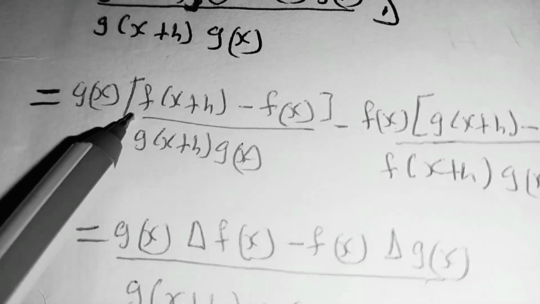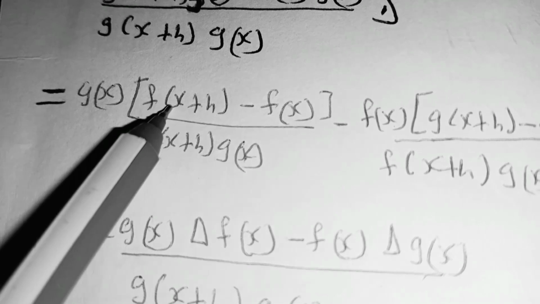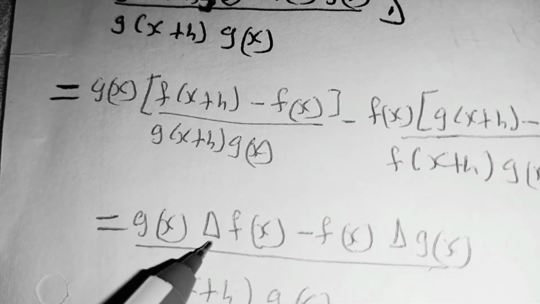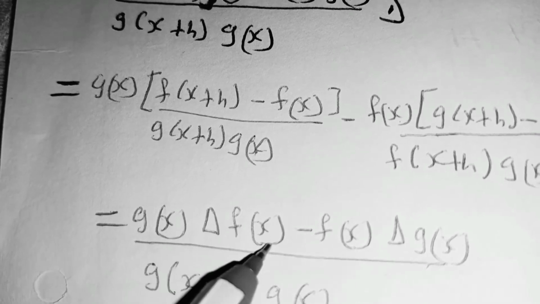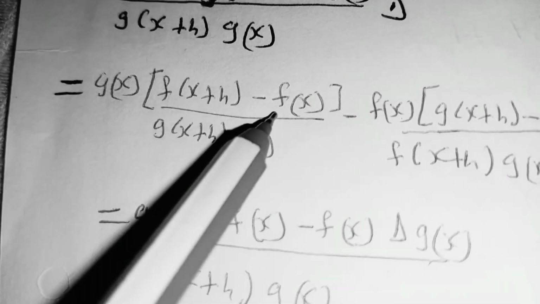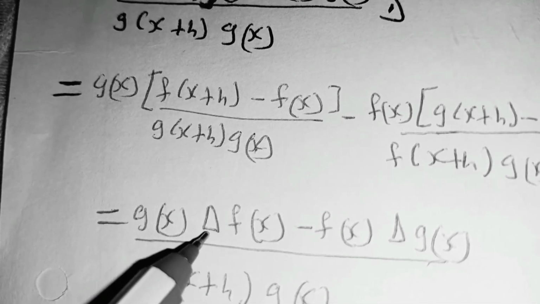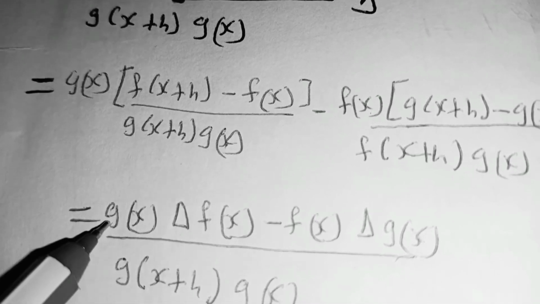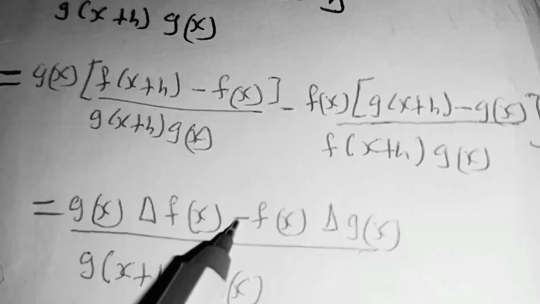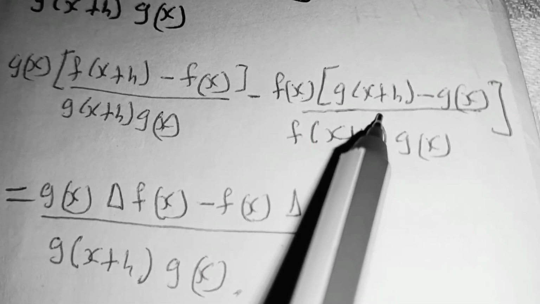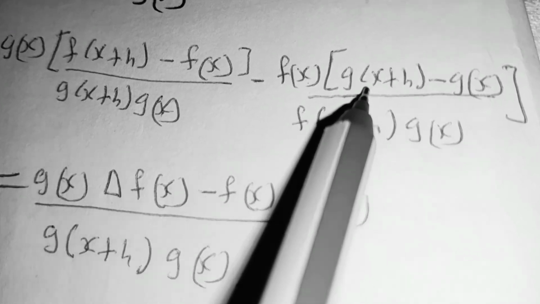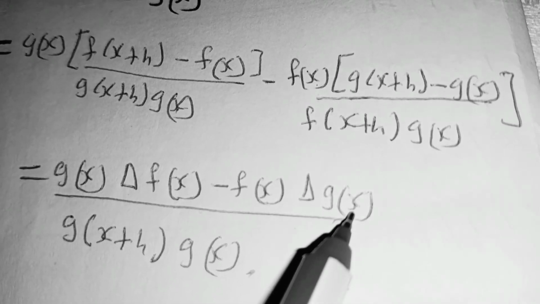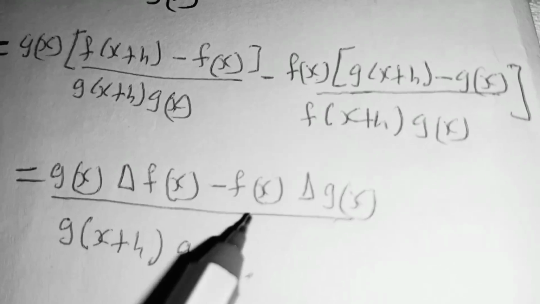Now this part here, f of x plus h minus f of x, is the first one difference of f of x. So instead of this part here, we express this as the first one difference of f of x multiplied by g of x, minus this other bit here, which is the first one difference of g of x multiplied by f of x.